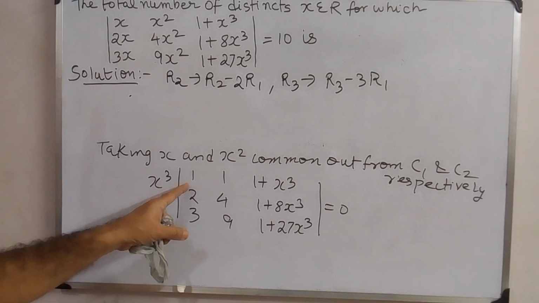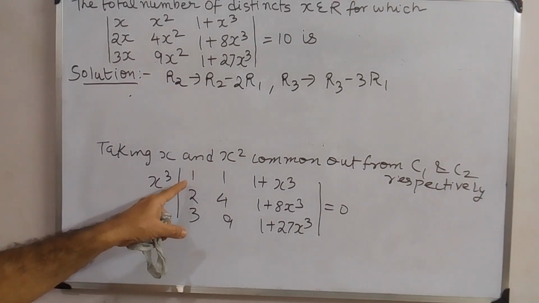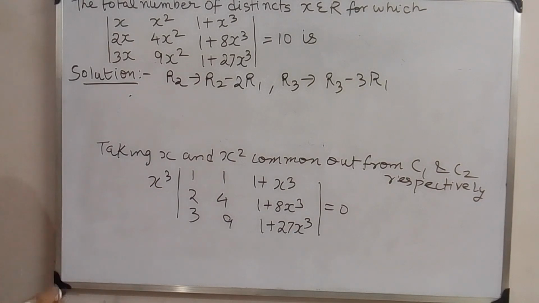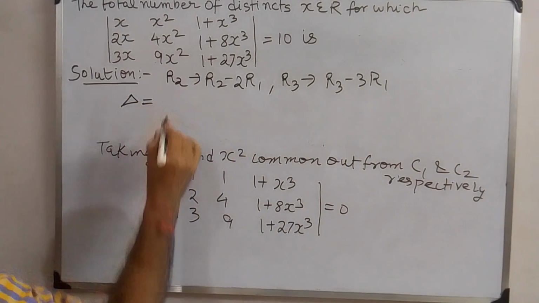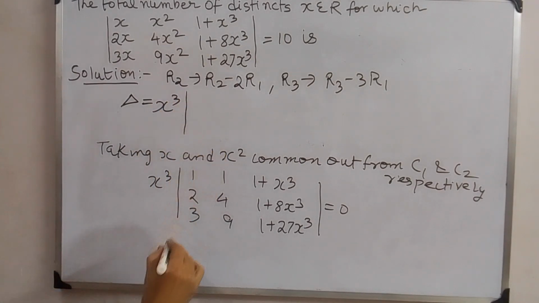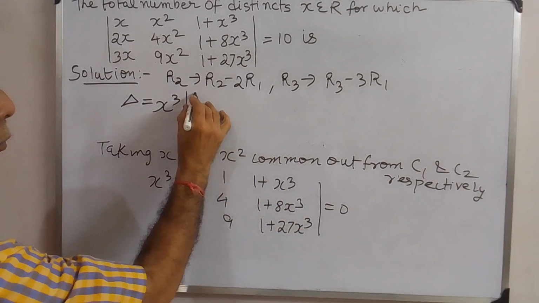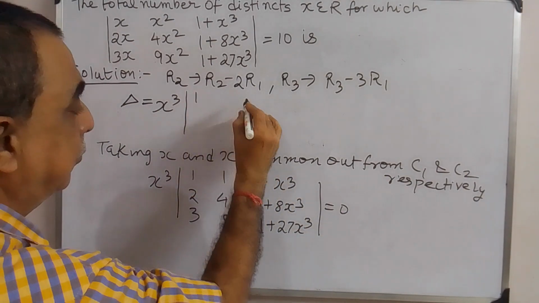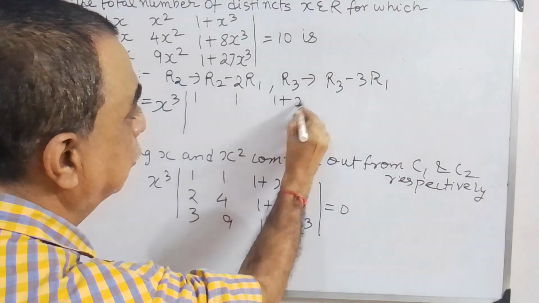From 3, if I subtract 3 times 1, it will become 0, and from 2, if I subtract 2 times 1, it will be 0. So here the determinant will be x cube into the first row, which is unchanged: 1, 1 and 1 plus x cube.